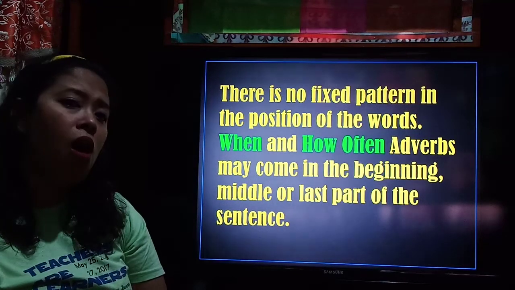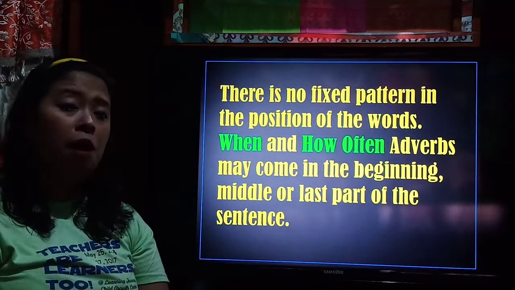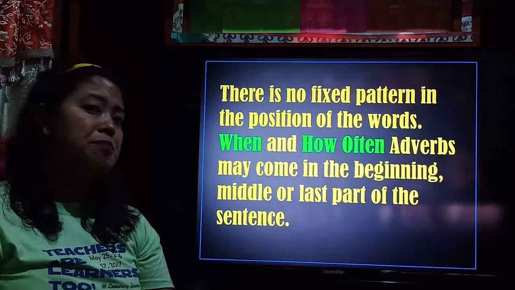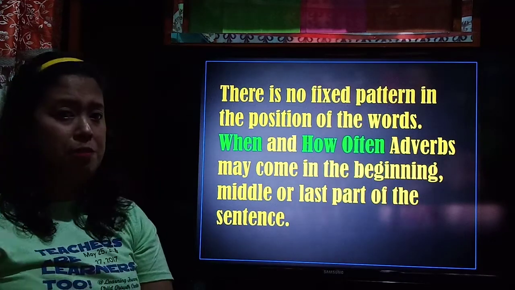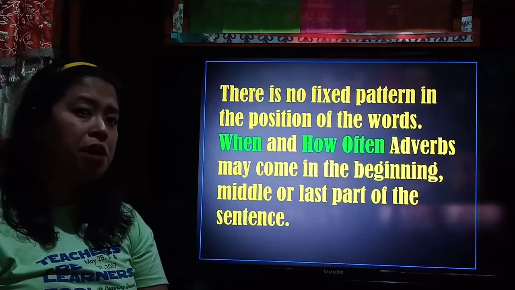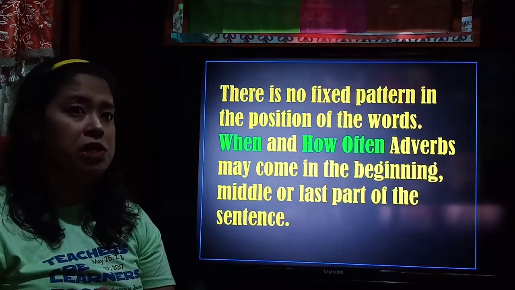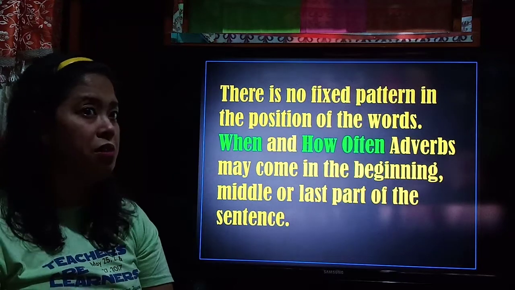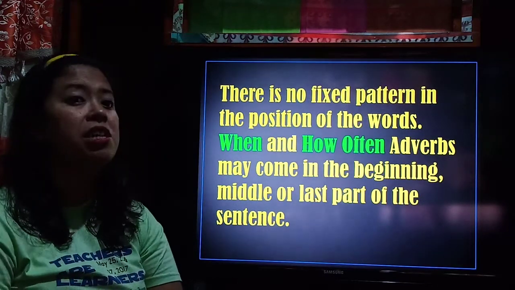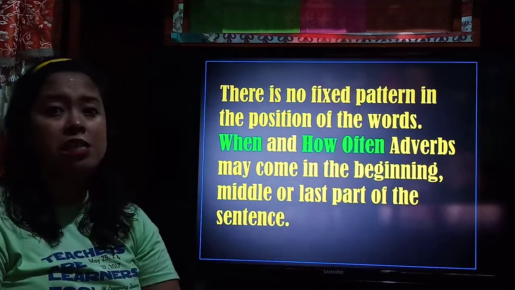When and how often adverbs may come either in the beginning, in the middle, or the last part of the sentence. As long as it's there, and as long as your sentence sounds good, or if it's grammatically correct, then you can say that the sentence is still correct.